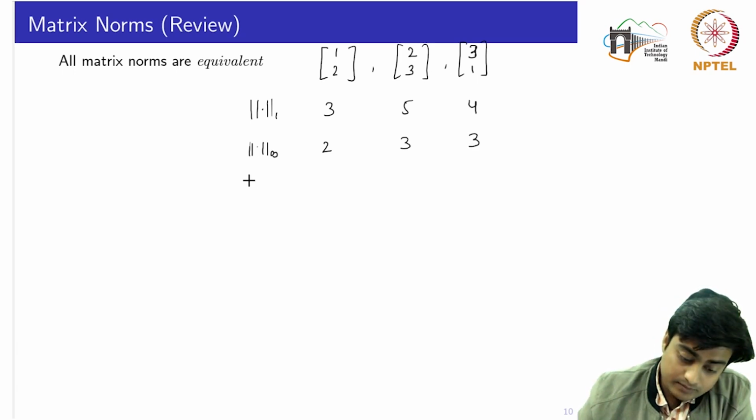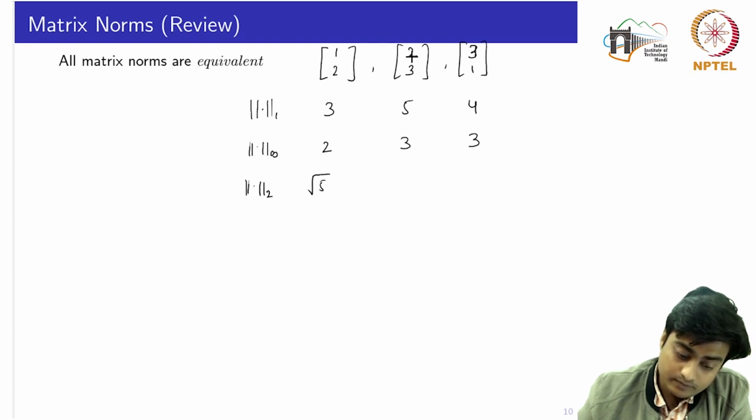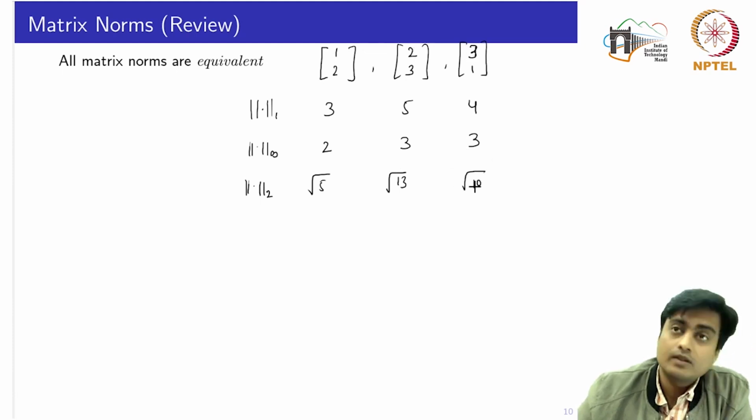If I compute the 2 norm, it is given by square root of 5 for this one, square root of 13 (3 squared is 9 plus 2 squared is 4) for this one, and for this one it would be square root of 10.